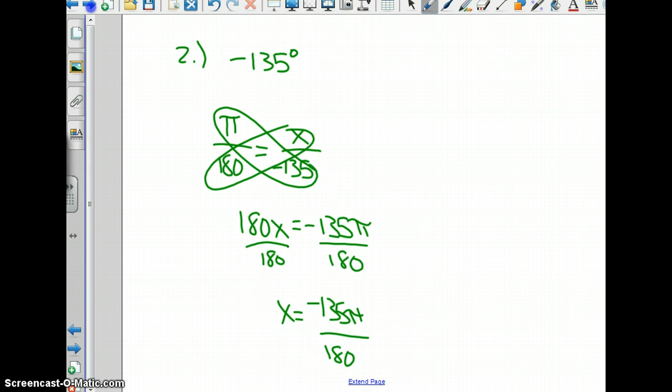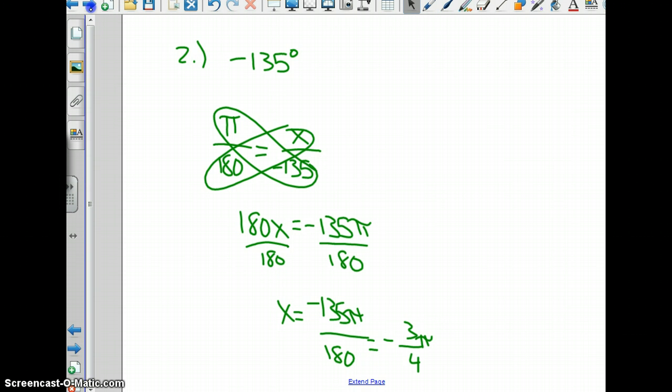And then you would simply look at that and try to reduce it, or use your calculator. You just take negative 135 over 180, hit enter, and then use the math function, if you want, to change it back to a fraction, and you realize that this is going to be the same as negative 3/4. So it's negative 3 pi over 4.